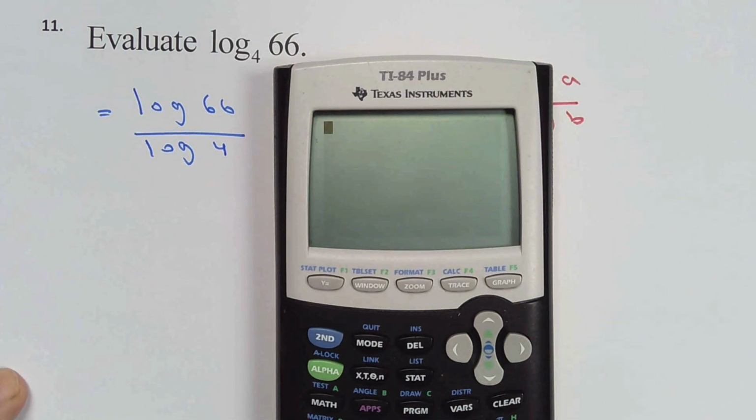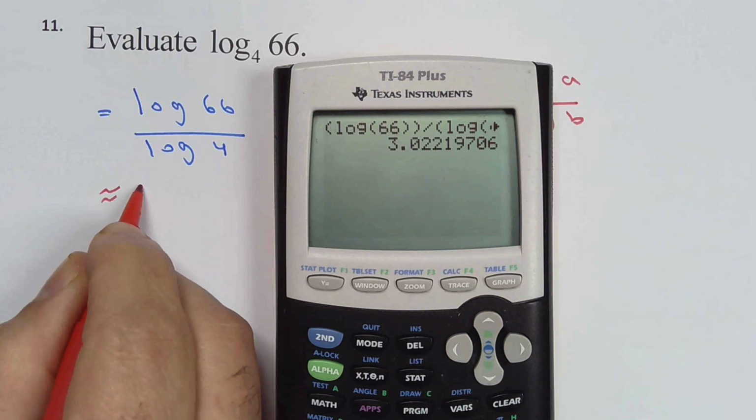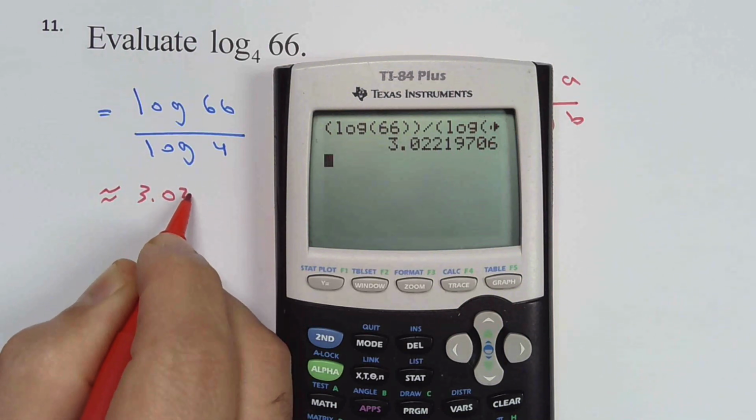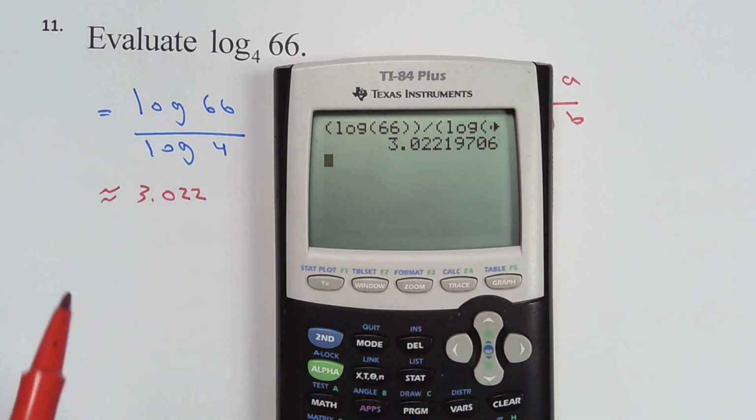Again, the numerator is log 66, divided by the denominator, which is log 4, close the denominator, and it's about 3.022, and 9 will change the 1 to 2, another 2. Usually in logs we approximate to 10,000ths.